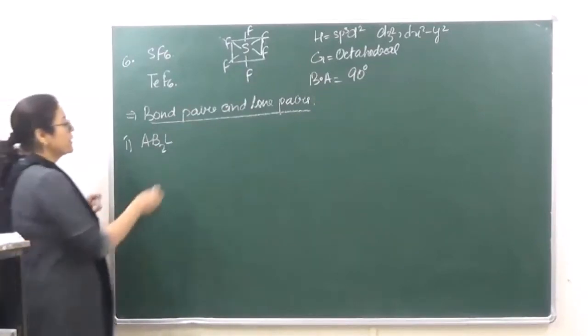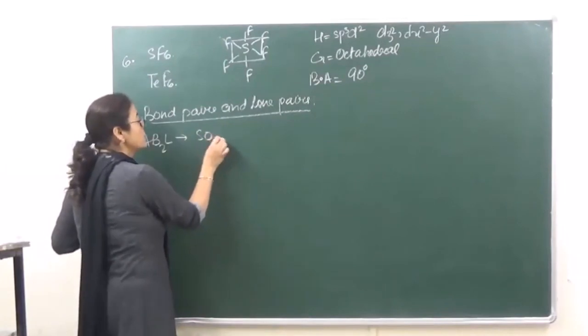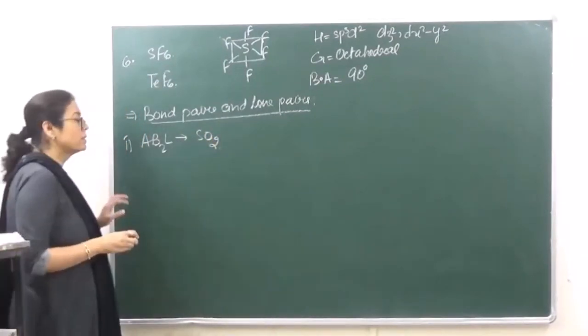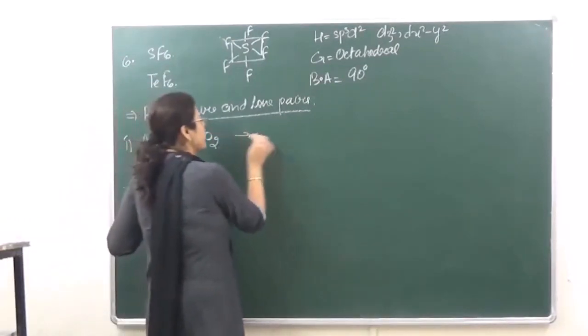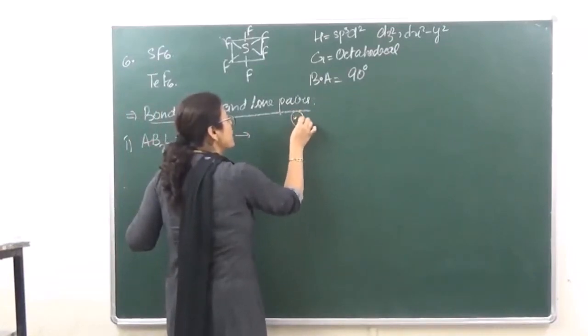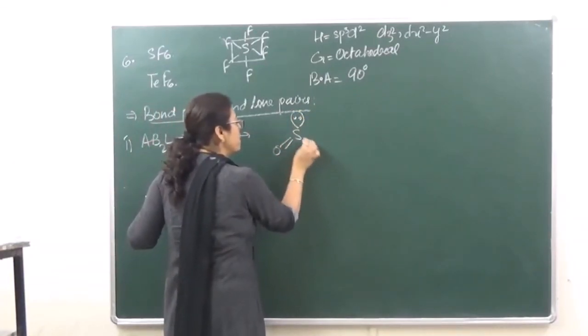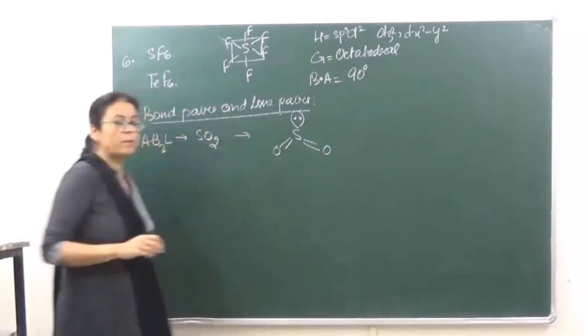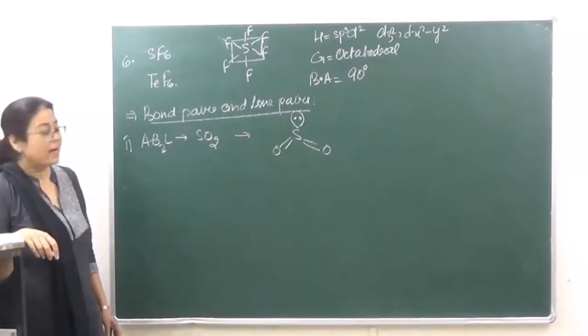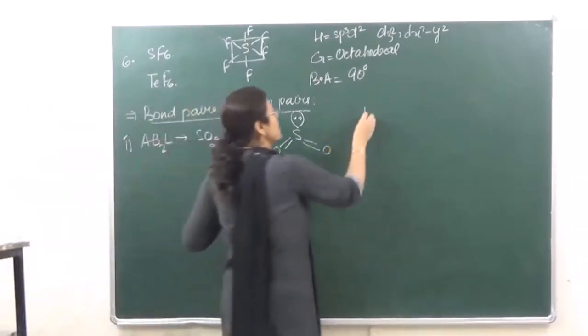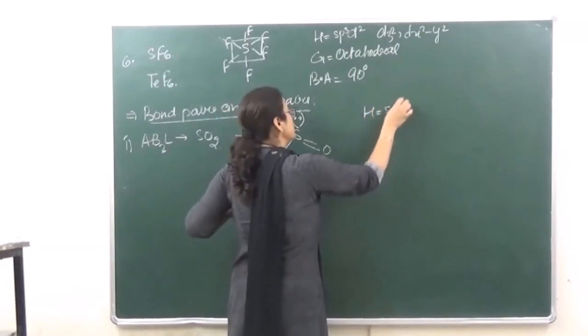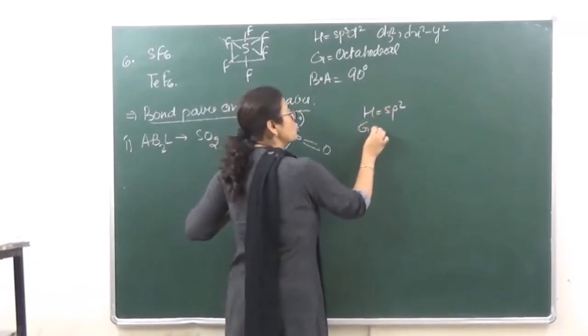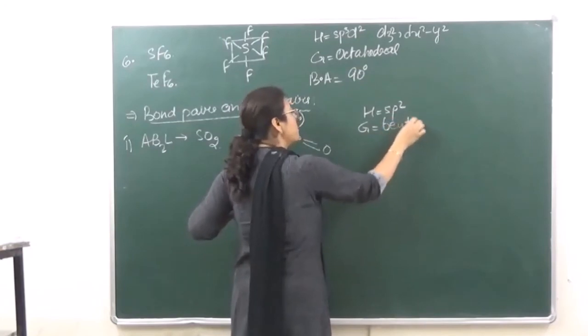An example which we can take over here is sulfur dioxide. ठीक है? In sulfur dioxide, there is 1 lone pair and there are 2 bond pairs. Okay? Hybridization in this case is sp2. Geometry is bent.